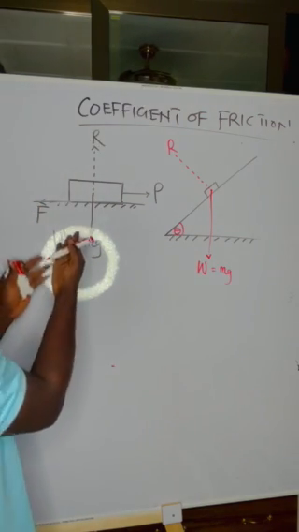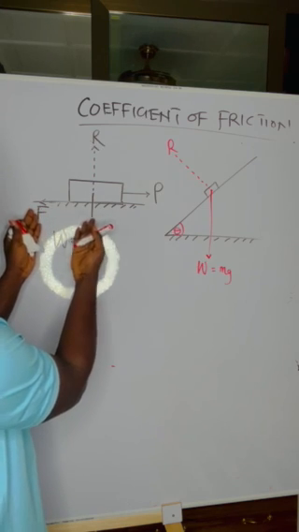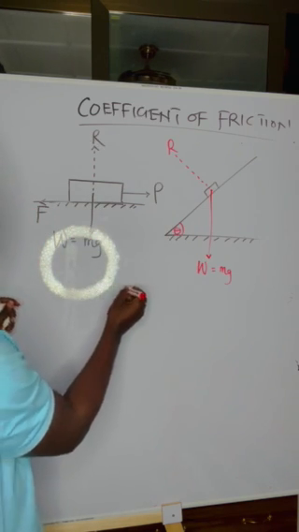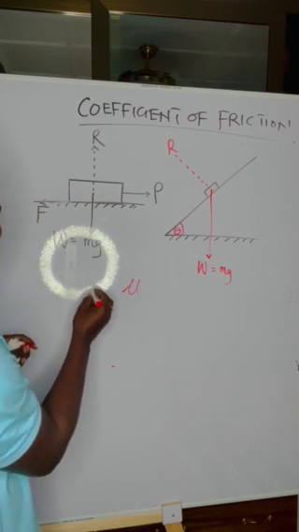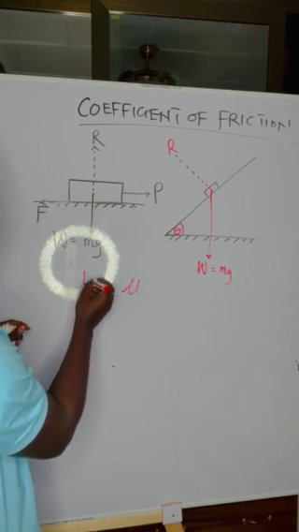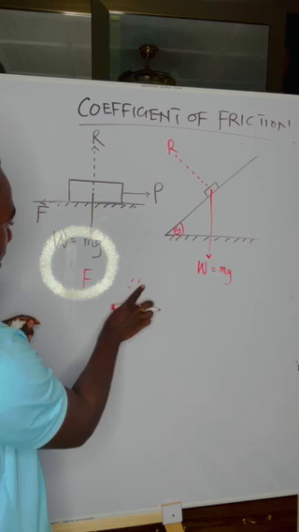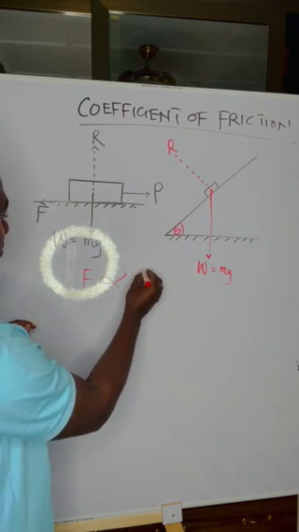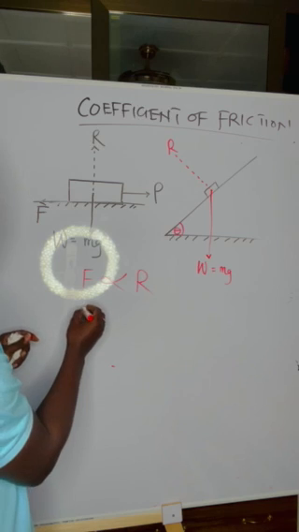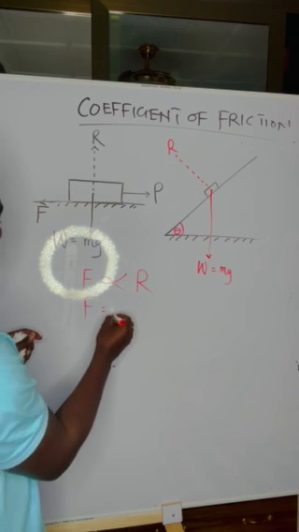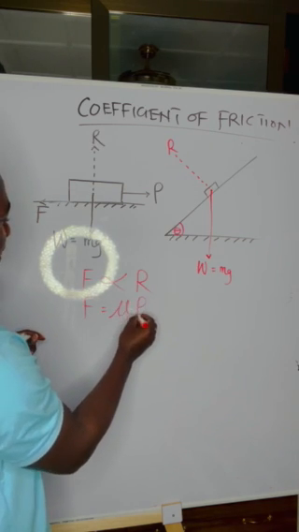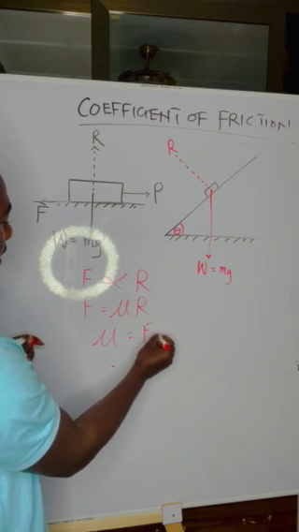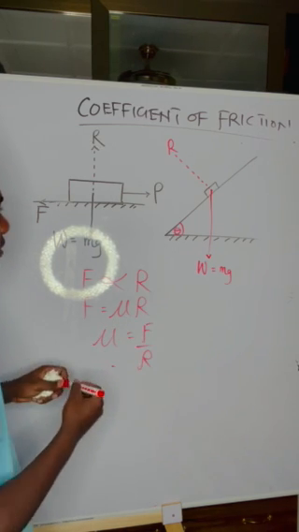So this body resting on a horizontal floor, a rough horizontal floor, the coefficient of friction denoted by mu, F, is always proportional. The frictional force F is directly proportional to the normal reaction R. The constant of proportionality, mu, is equal to F over R.